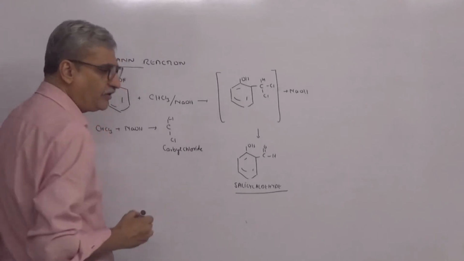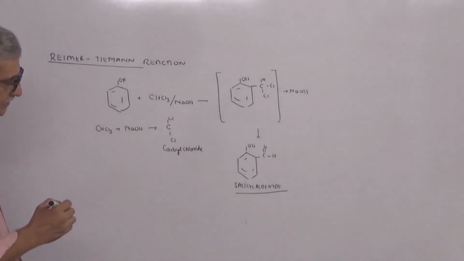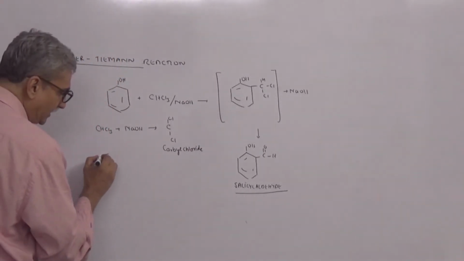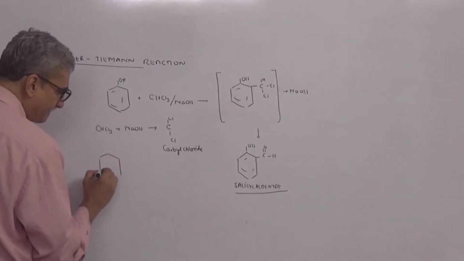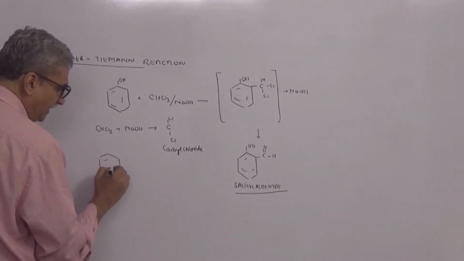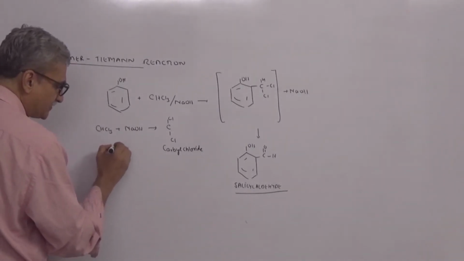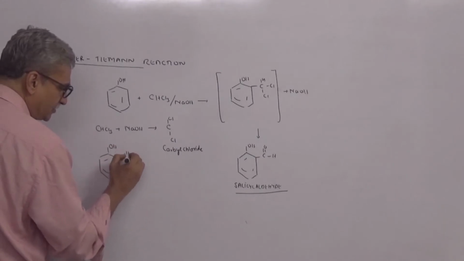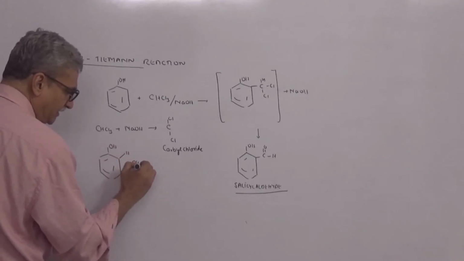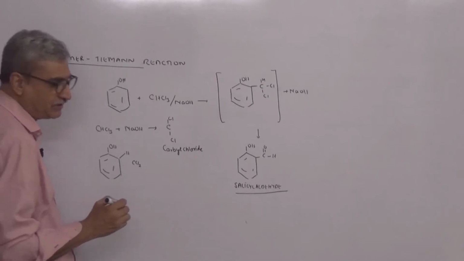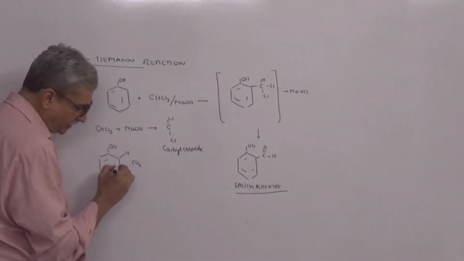So carbyl chloride is an electron deficient species. So you have H and this CCl2, which is electron deficient, so the bonded pair of electrons shifts.